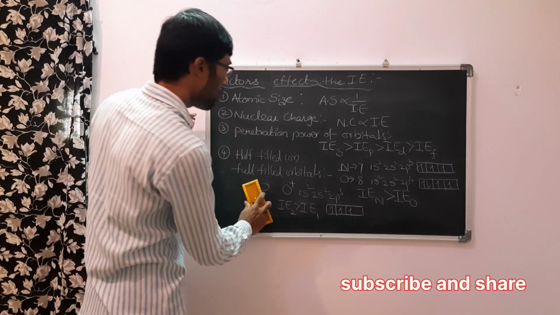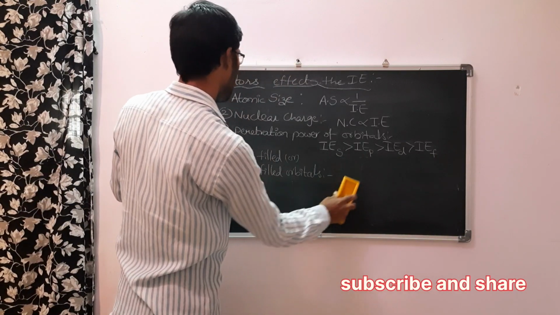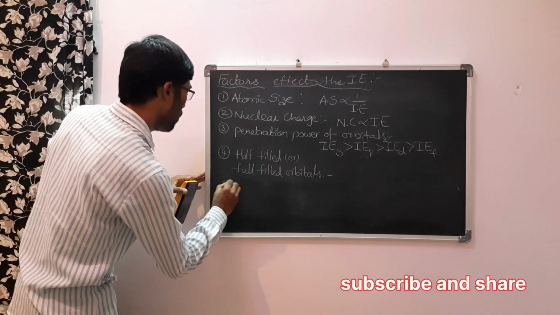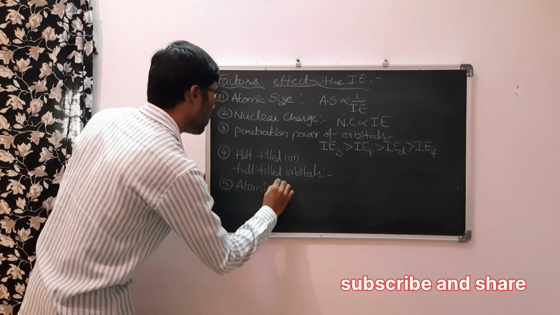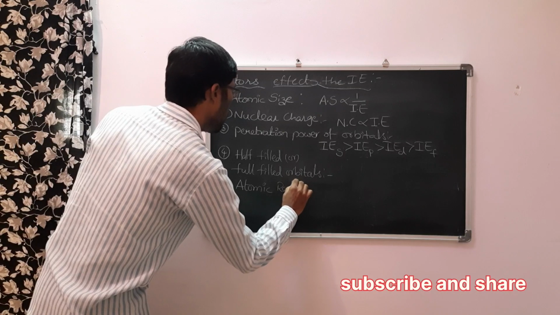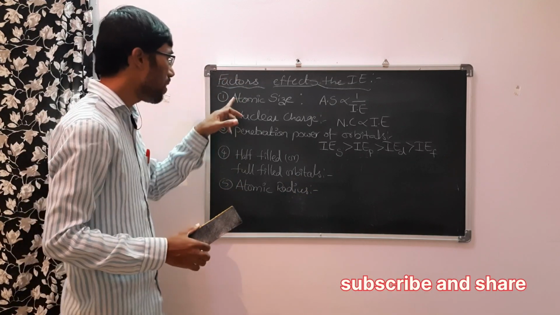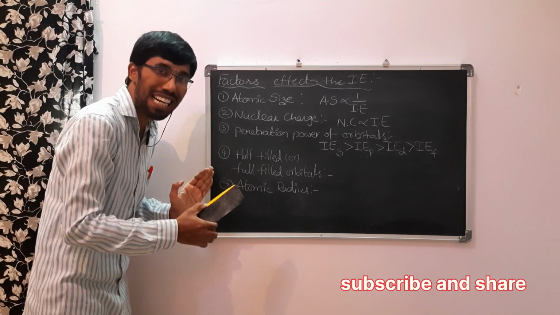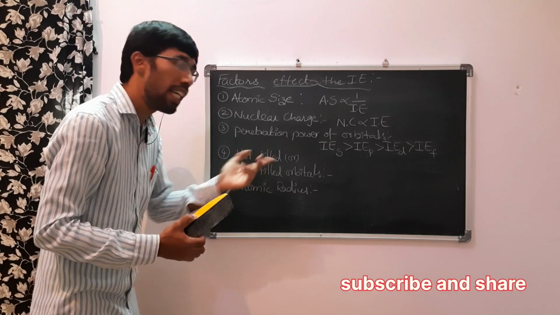Now the fifth one, atomic radius. Atomic radius depends on atomic size. If atomic radius decreases, ionization energy increases.